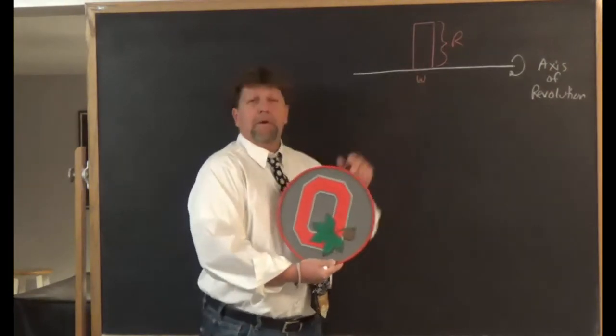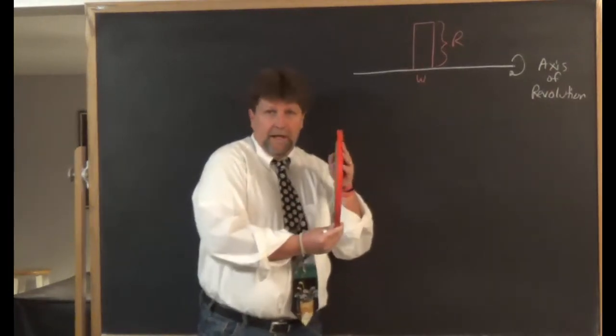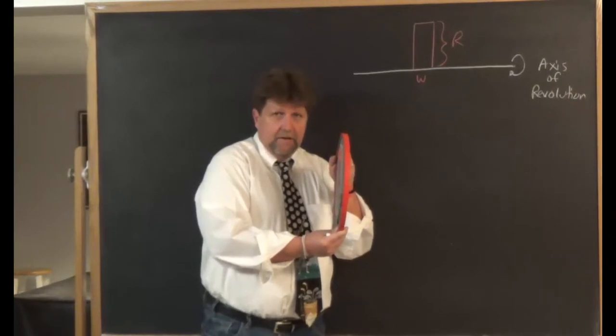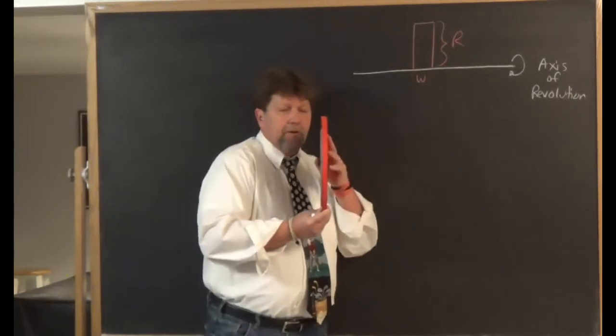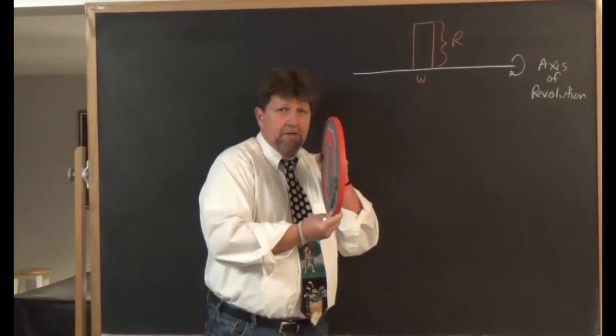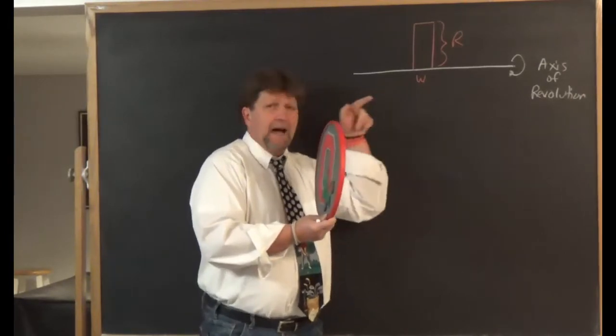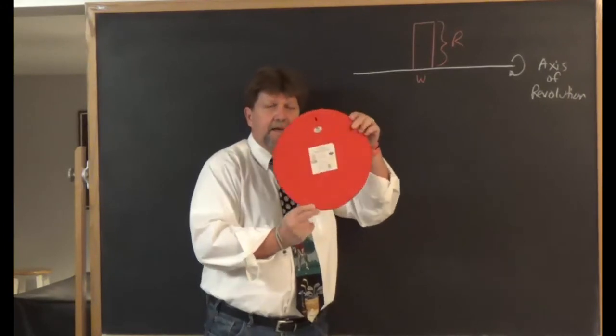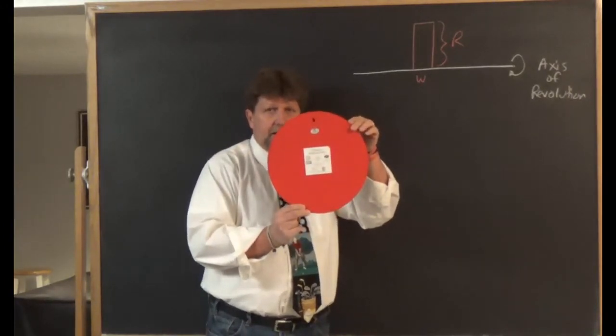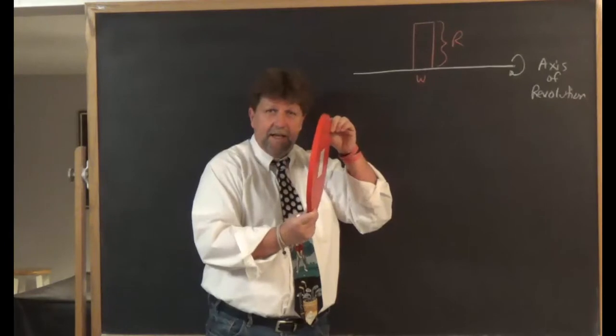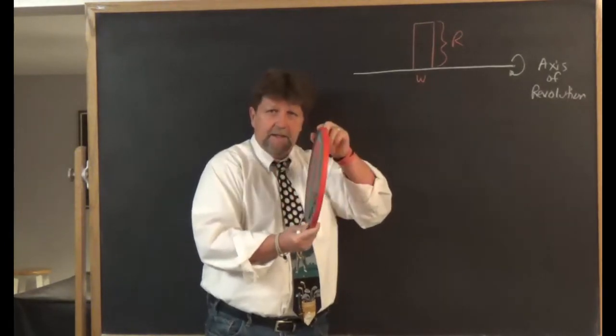When it gets revolved around, this is what it would look like if you're looking at it edge on. Now if you change your perspective and look at it from the side, this is what it would look like. This is one disk.